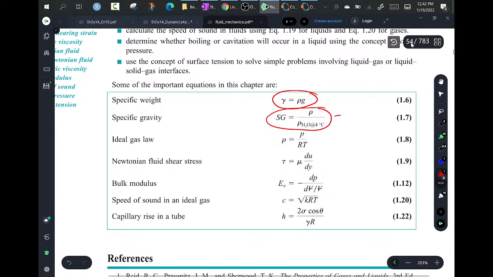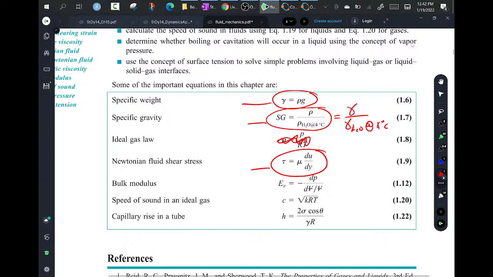However, it can be written also as gamma over gamma of H2O at 4 degrees C. And this one you dealt with earlier. This one, absolute yes. So these three are definite. You've got to know those three to get through here. So those are your three major things.